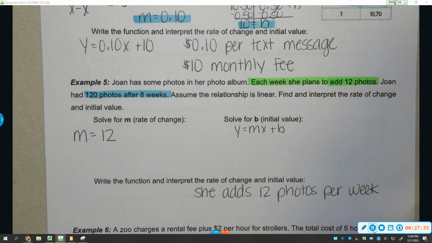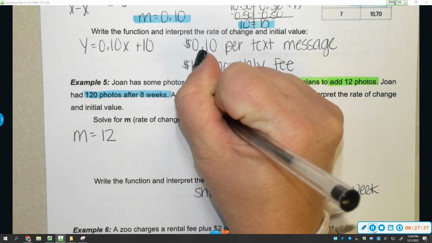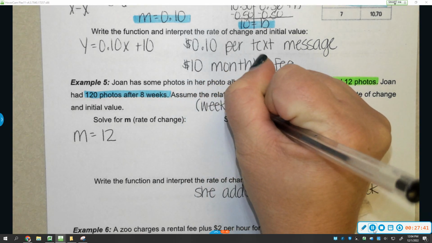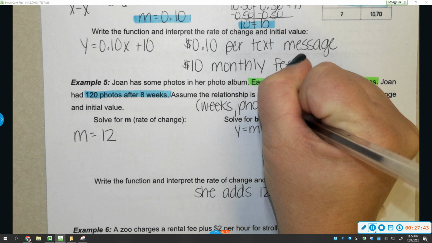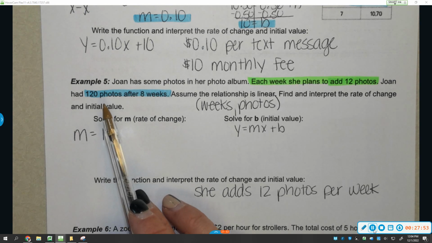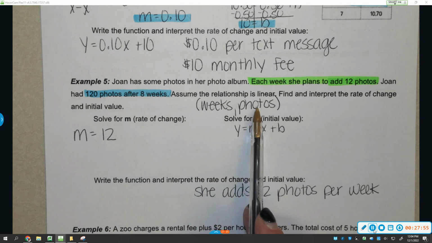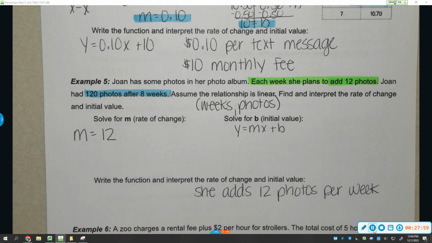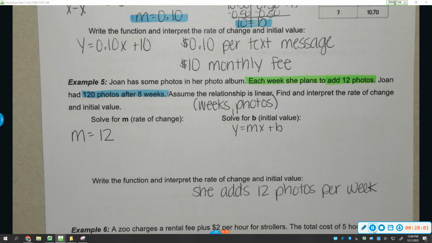Well, the weeks determine how many photos she has. So we're kind of thinking of independent and dependent variables here. Her photos, which we said dependent was Y, depend on how many weeks she is adding to her photo album.